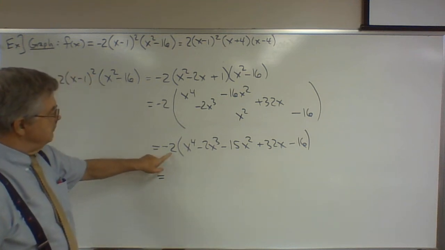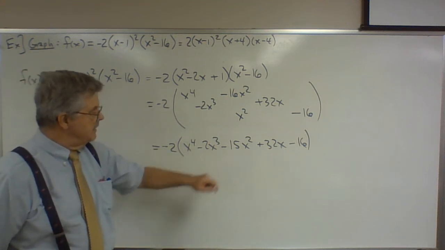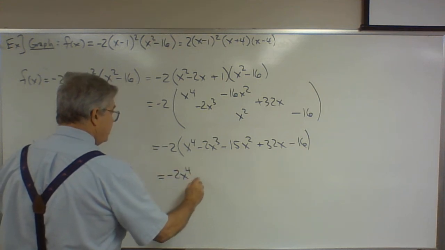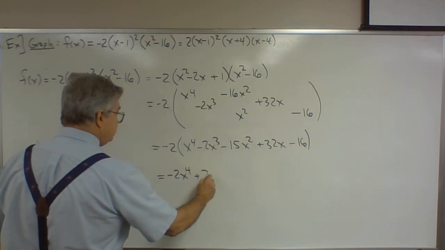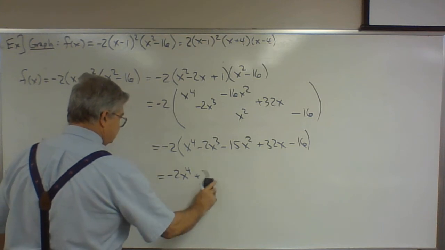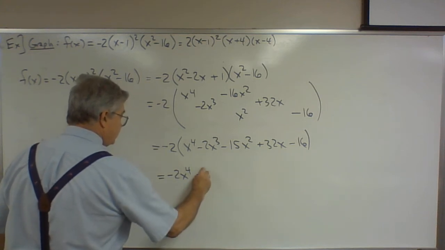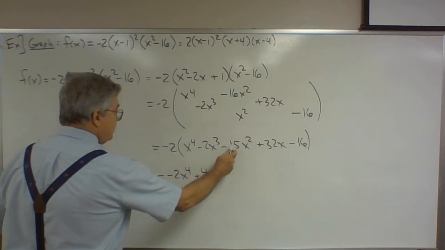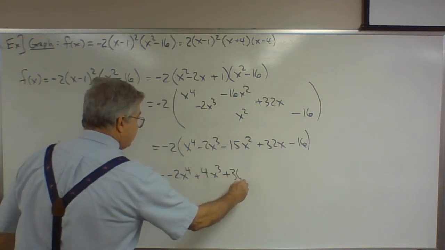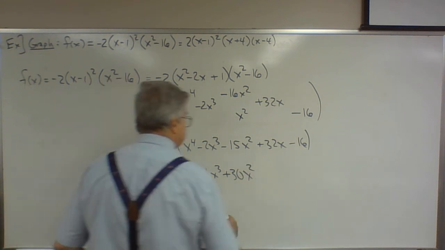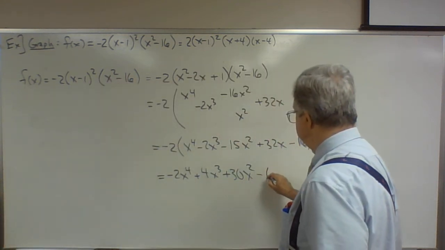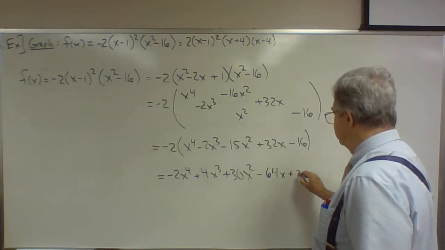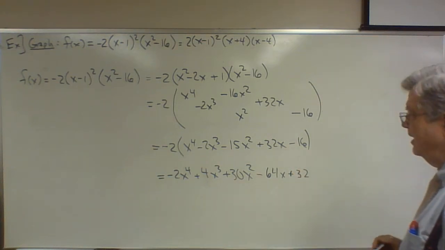And finally, I'll just distribute the negative 2 inside the parentheses. Negative 2x to the fourth plus 4x cubed plus 30x squared minus 64x plus 32.